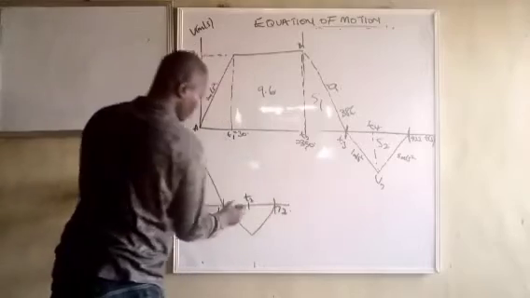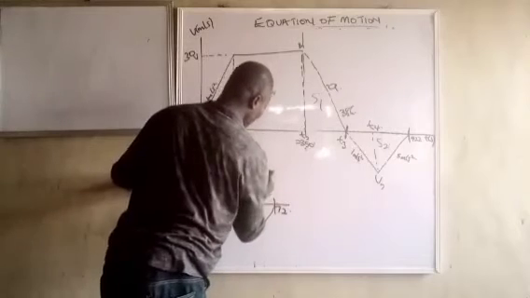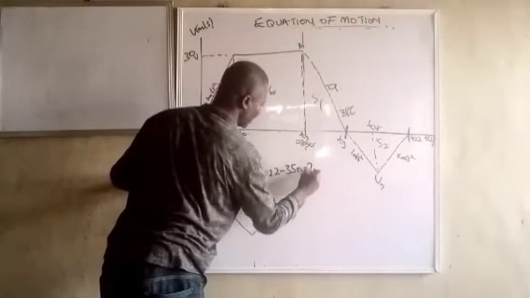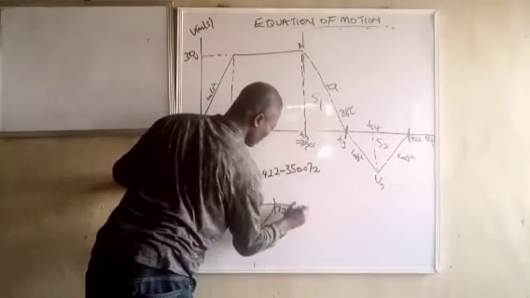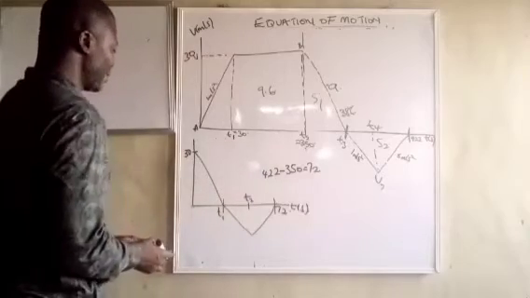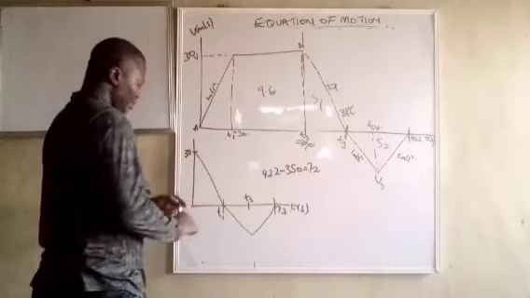And on this place, the time axis will be 422 minus 350, and that is 72. So from here you start working everything out, and you see how easier it will be.